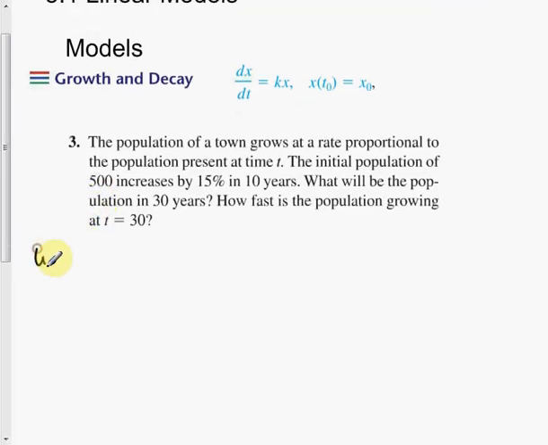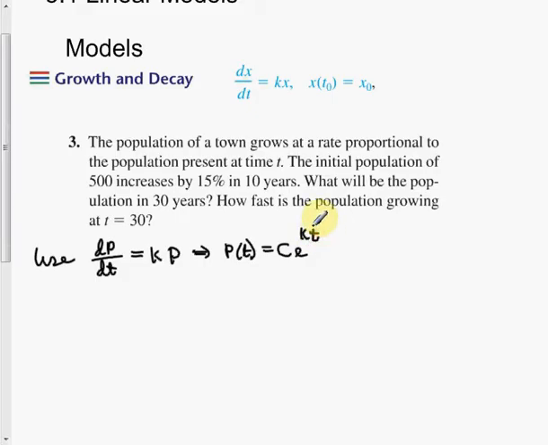So I'm going to use dP over dt is equal to some constant times P, or P of t, if you will. Separate the variables and solve for this. You recall, once you solve this, P of t is equal to some constant times e to the kt.